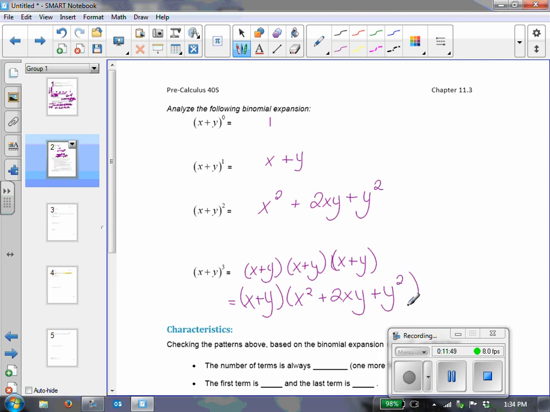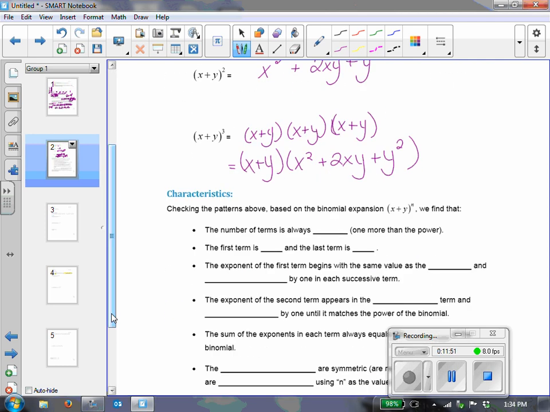Okay, I am officially running out of room, so you're just going to have to bear with me here. So x times x squared is x cubed, which you were right. x times 2xy, 2x squared y. Oh. x times y squared, this is the one that you missed, plus xy squared.